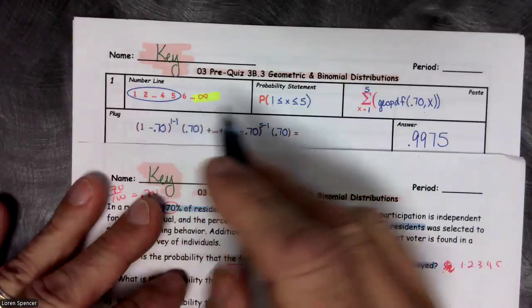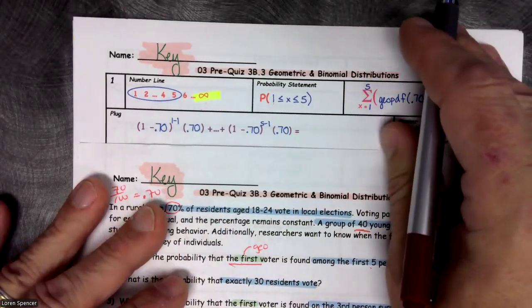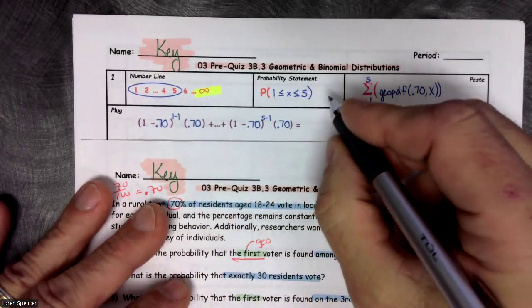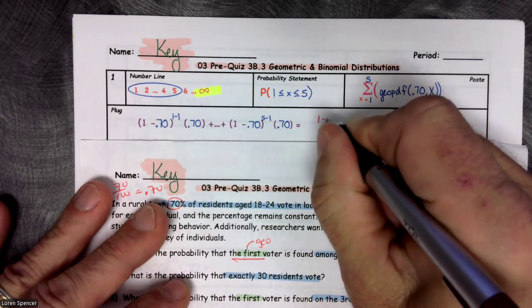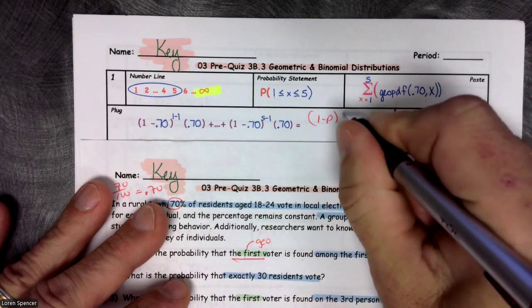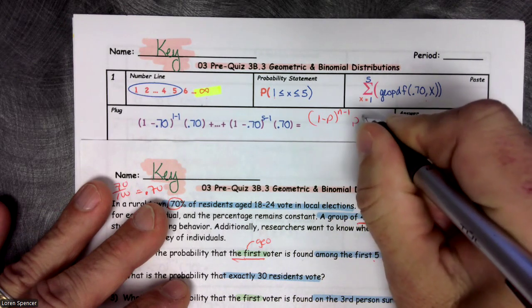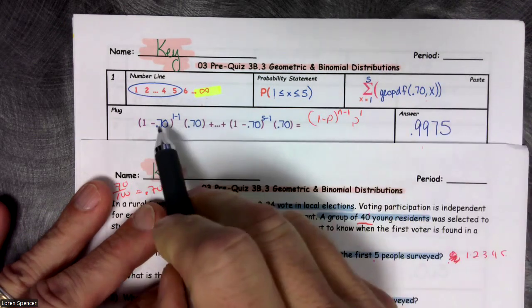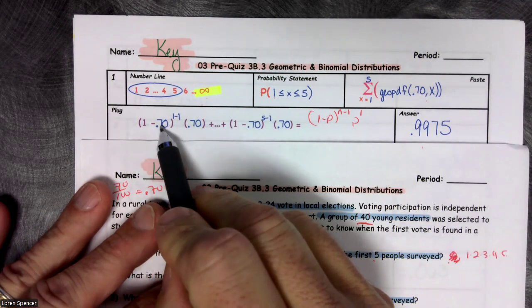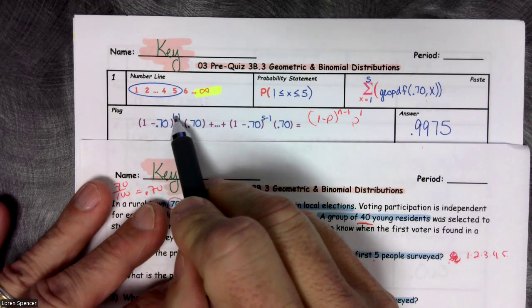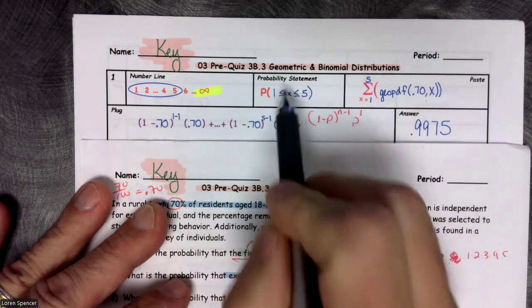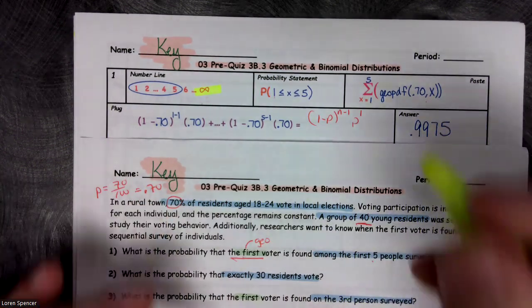Now, our formula for geometric is (1 minus P) to the n minus 1 times P to the first. So that's what we have, 1 minus P. In this case, our lowest value was 1, so that 1 minus 1 came straight from here.